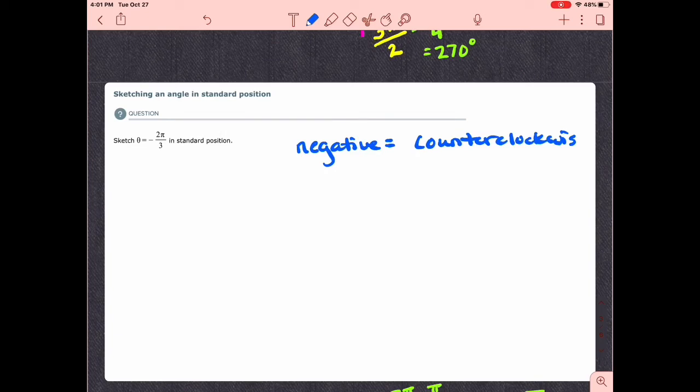Whoops. Silly me. Positive is counterclockwise. Negative is clockwise. I always think about math being somewhat backwards.